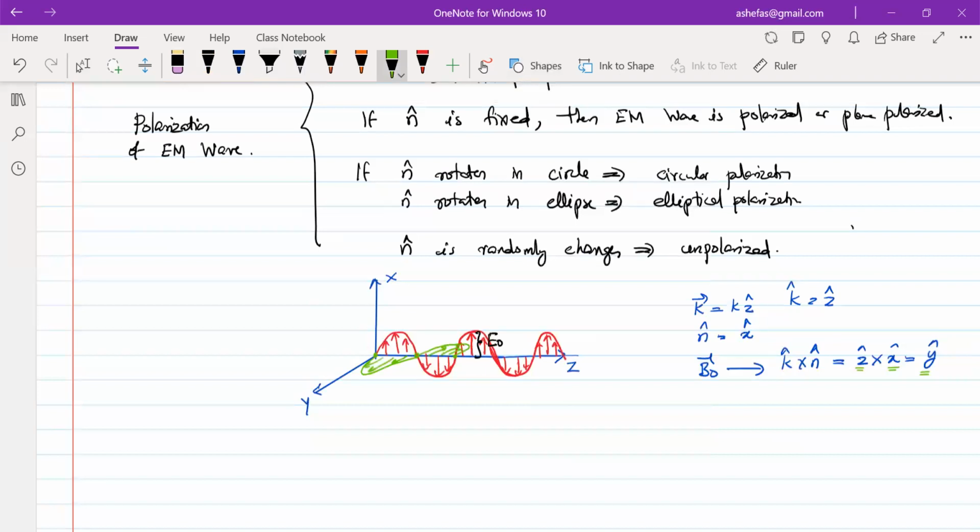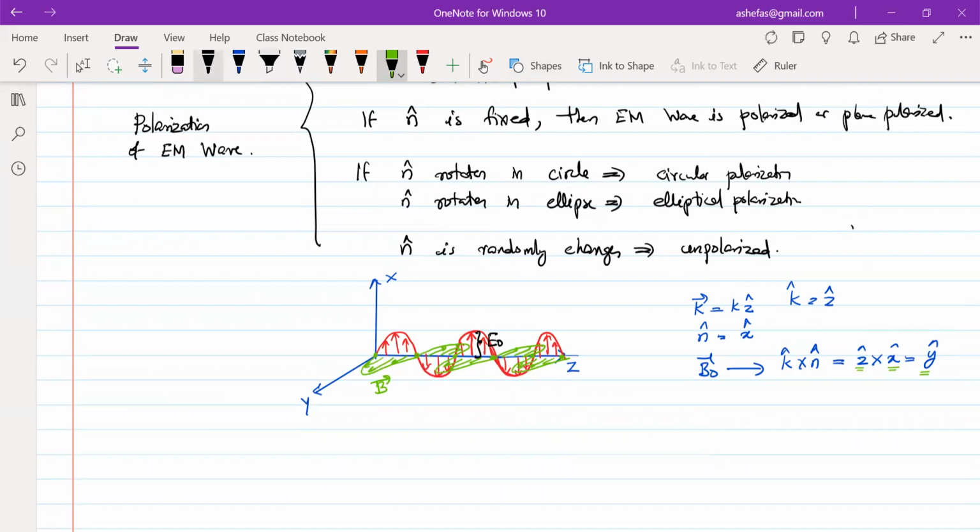If the electric field is again in positive x direction, the magnetic field should be in positive y. So this should be the magnetic field.